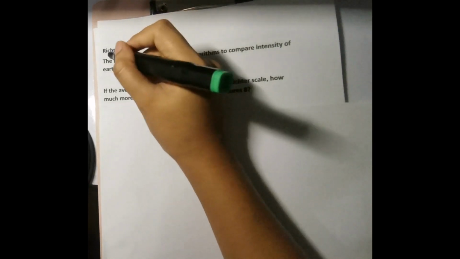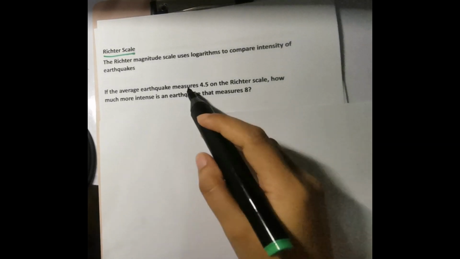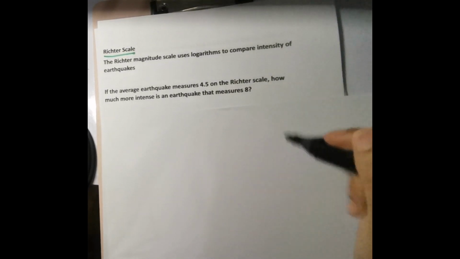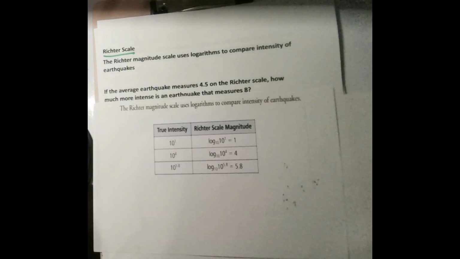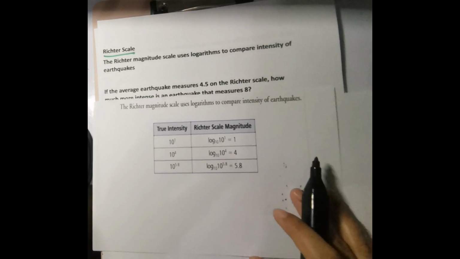So for the next application of the logarithmic and the exponential function in science, in physics, chemistry, and biology, you will have the Richter scale. The Richter scale uses logarithms to compare the intensity of earthquakes. So we will have the table for this one.